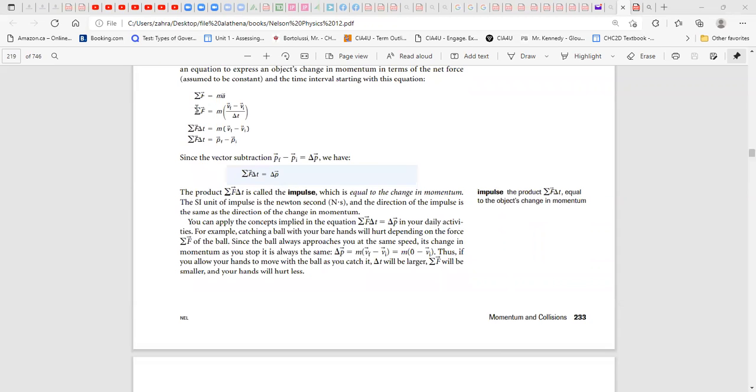You can move the time to the other side, so it's going to be force multiplied by time, and it's mv final minus mv initial. Here mv is momentum, so it's momentum final minus momentum initial. Therefore, change in momentum is force multiplied by time. We call force multiplied by time impulse. Or we can say impulse is change in momentum.